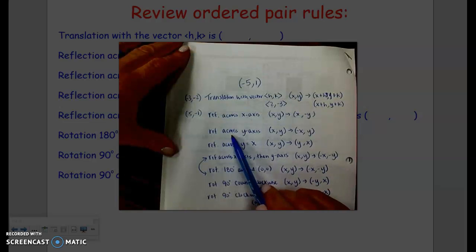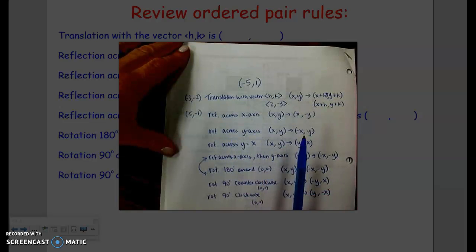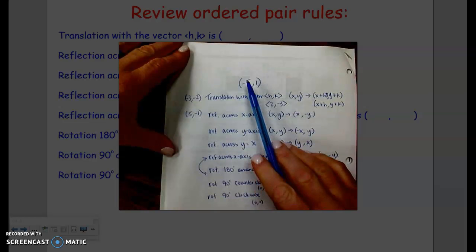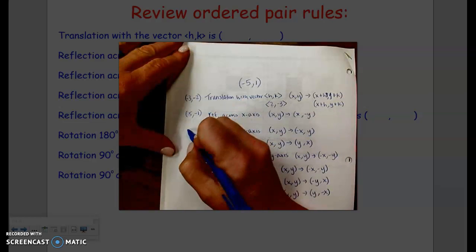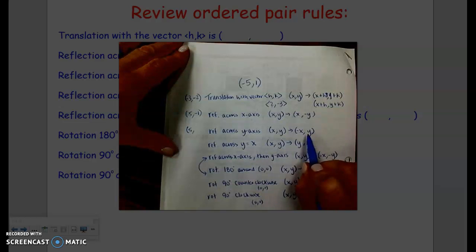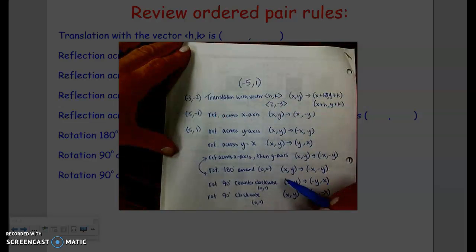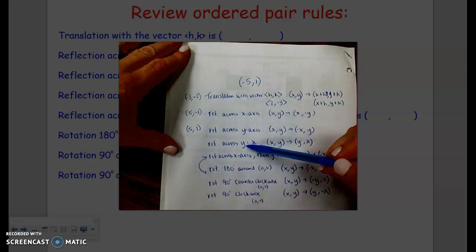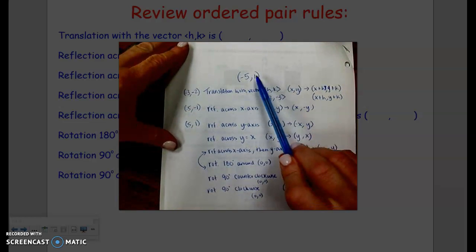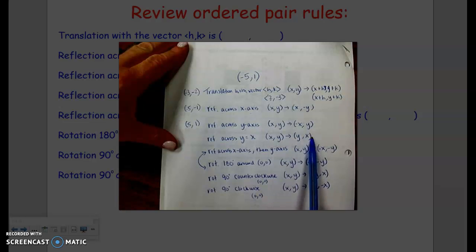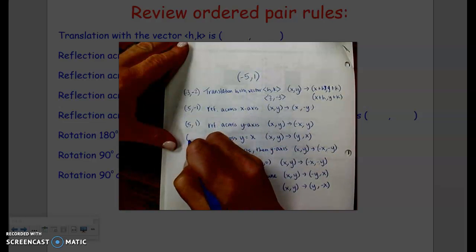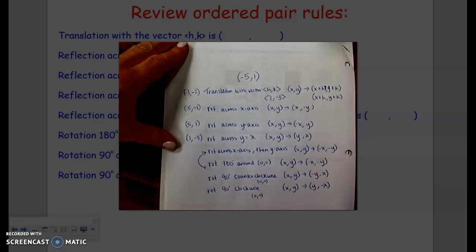If we're reflecting across the y-axis, we change the sign on x. So my x was -5, so it is now +5, but my y doesn't change, so it's still a +1. If I want to take (-5, 1) and reflect it across y = x, I just switch the places of the x and y, so that would become the point (1, -5).